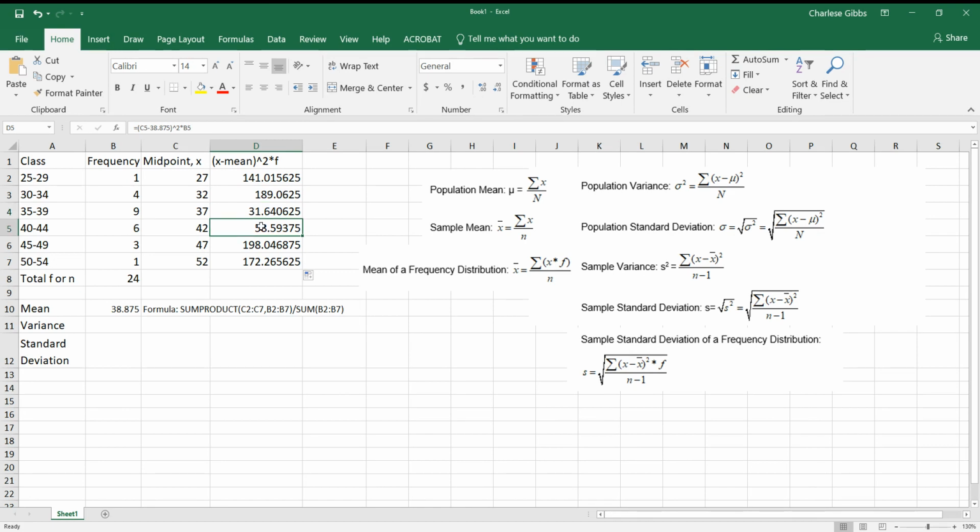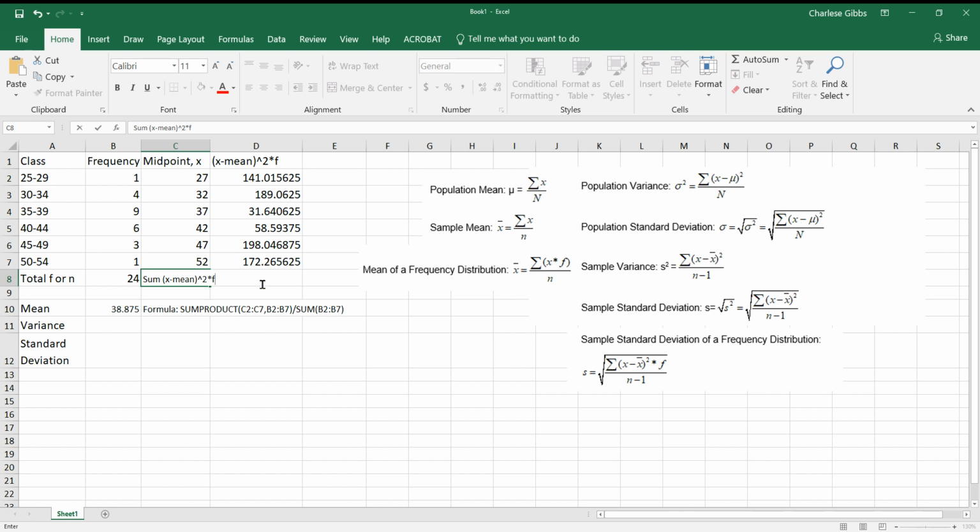So see how this is the x minus the mean squared times B5. So it used that information. Now I'm going to sum x minus mean squared times frequency.